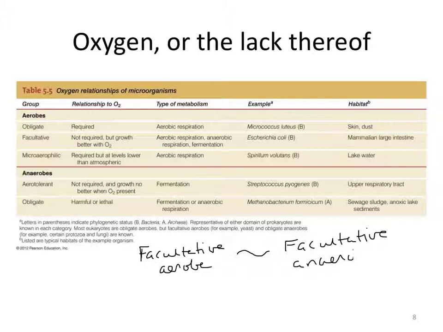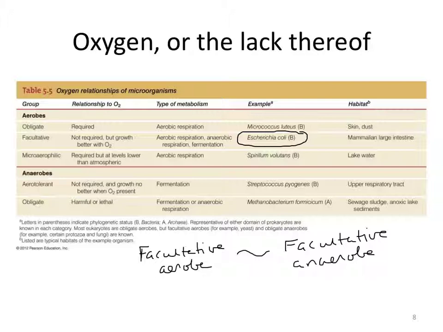As I mentioned previously, E. coli is able to use a variety of energy-yielding processes. It can do aerobic respiration, it can do anaerobic respiration using nitrate, and it's also capable of fermentation, the third equation that I showed you on a previous slide. So it's a facultative aerobe. It could also be called a facultative anaerobe.